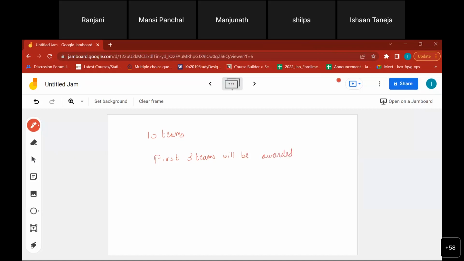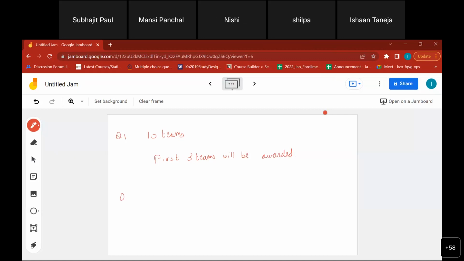In how many ways can I select the 3 teams? Is it a question of permutation or combination? 10C3. It's combination.